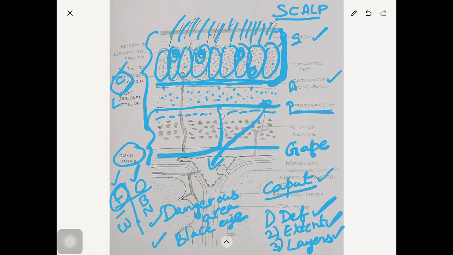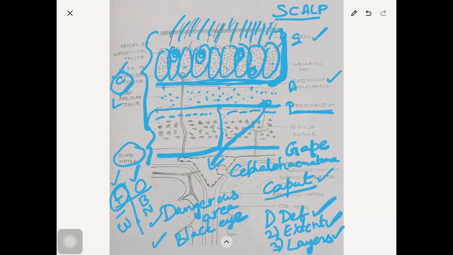If there is no progress in the normal labor, the obstetricians put the forceps or vacuum. So bleeding beneath this layer will be called cephalohematoma. So this swelling cannot cross the sutures. So the swelling takes the shape of the overlying bones.